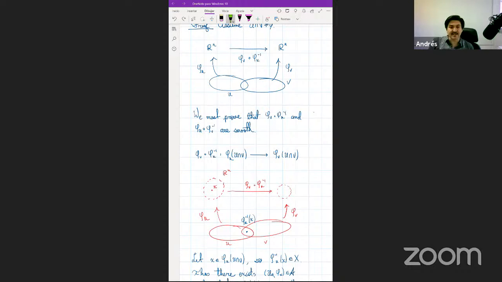I have a point in X, but X has an atlas.